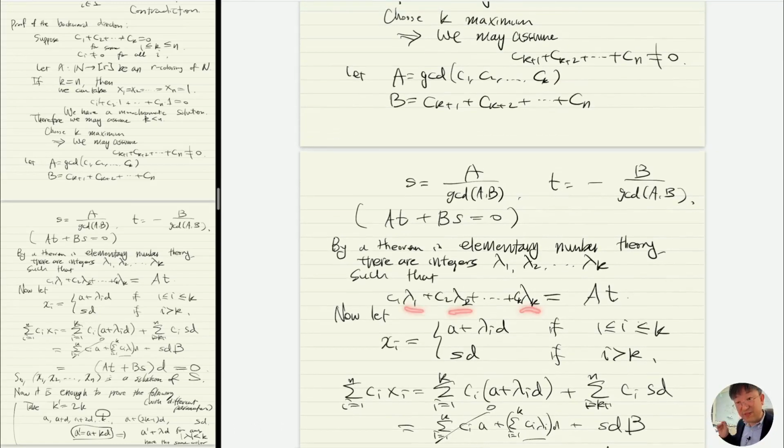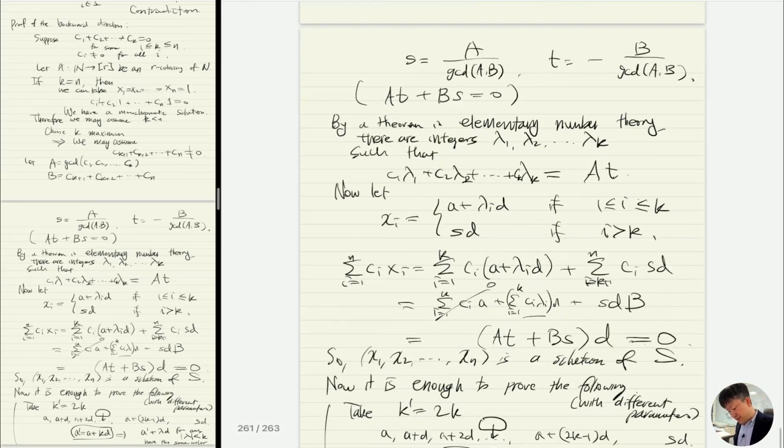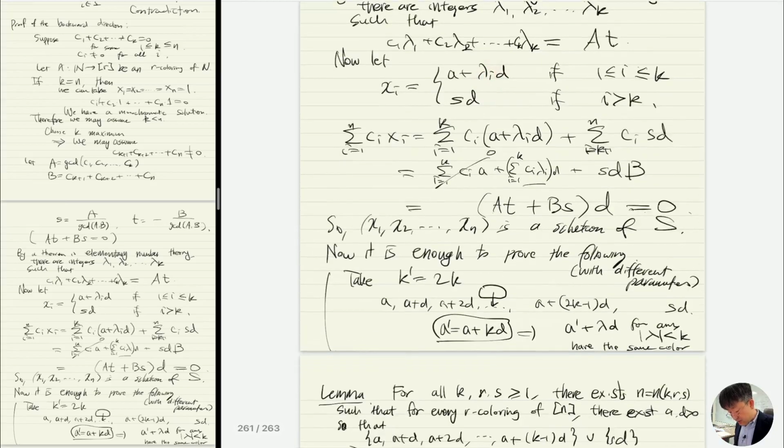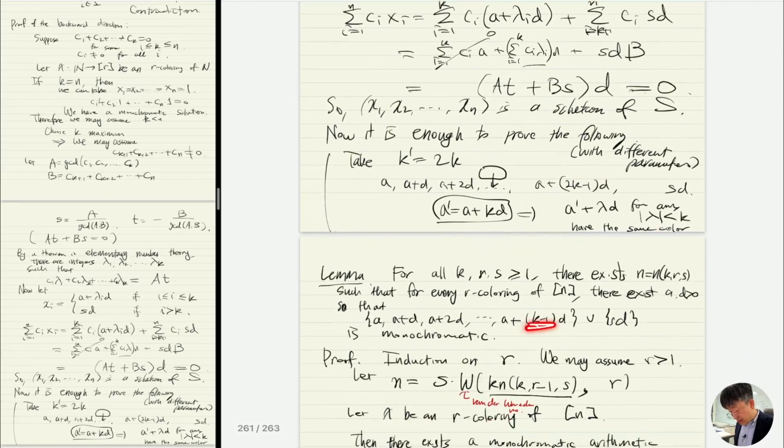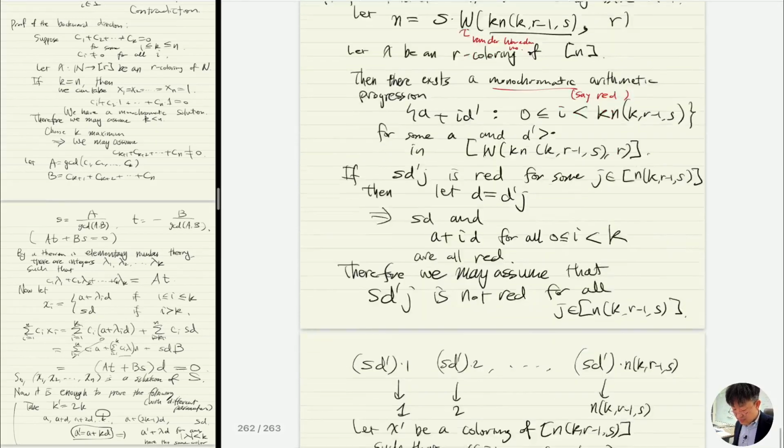So these lambdas are fixed based on the coefficients, and then there will be some maximum lambda i you need. So how much you go? Take the lambda, you choose k to be big enough, so that no matter how you go by lambda i steps forward or backward, you still have the same color.